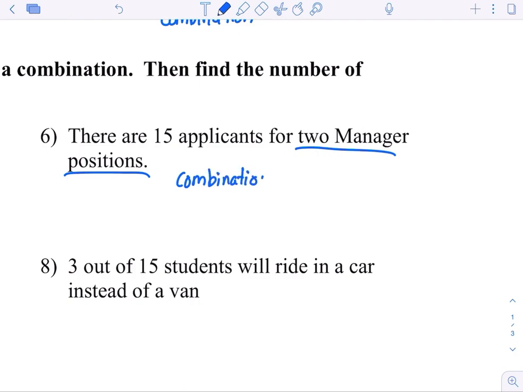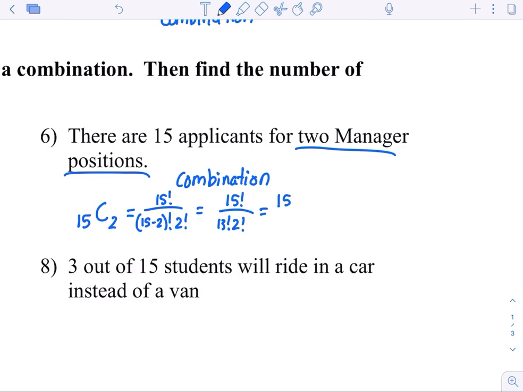So we're going to have 15 choose 2. So 15 factorial over 15 minus 2 factorial and 2 factorial. 15 factorial all over 13 factorial and 2 factorial.